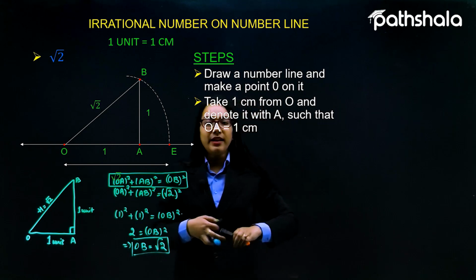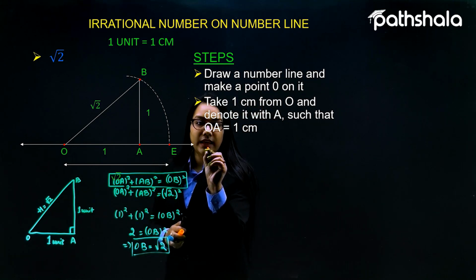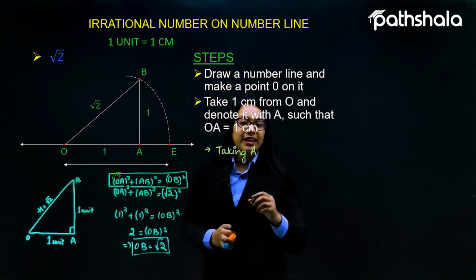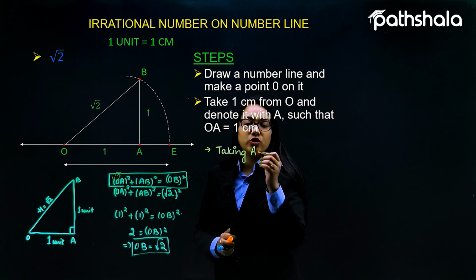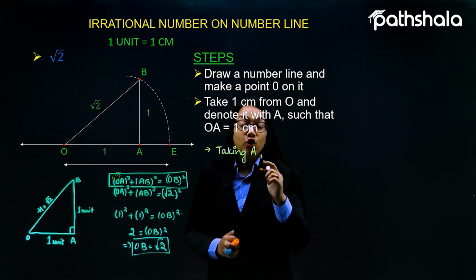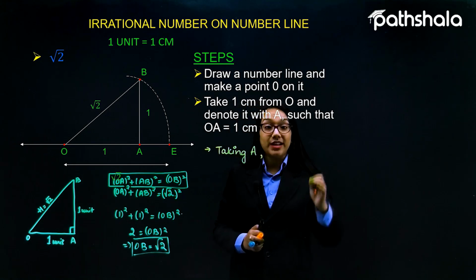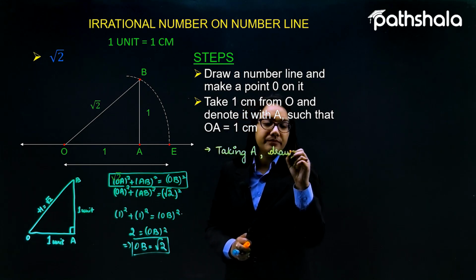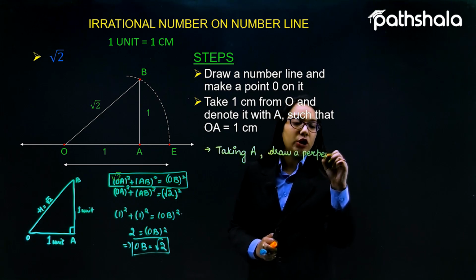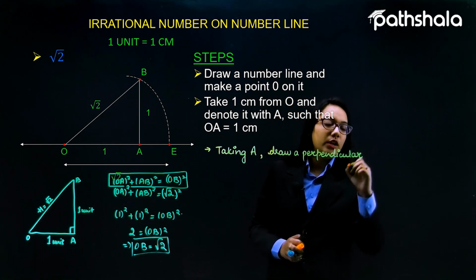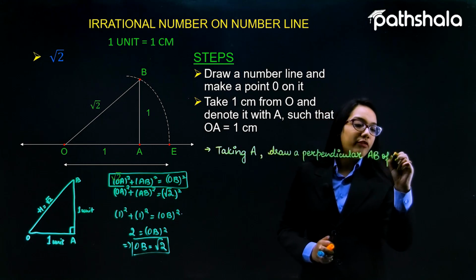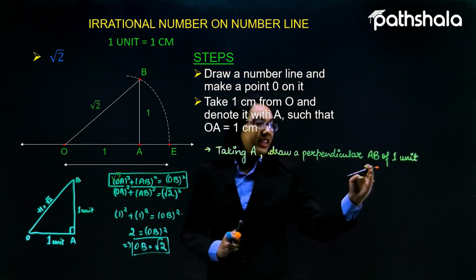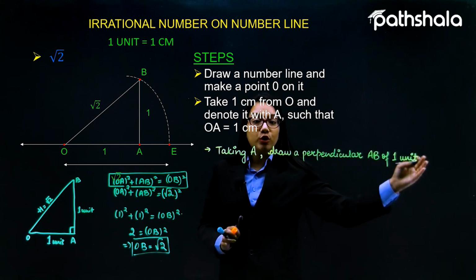So let's talk about the further steps. Taking A, draw a perpendicular AB of 1 unit, which is perpendicular to OA, obviously.